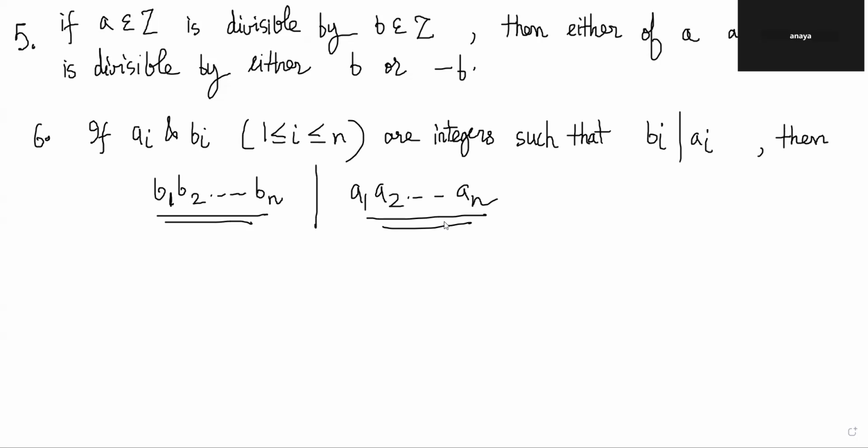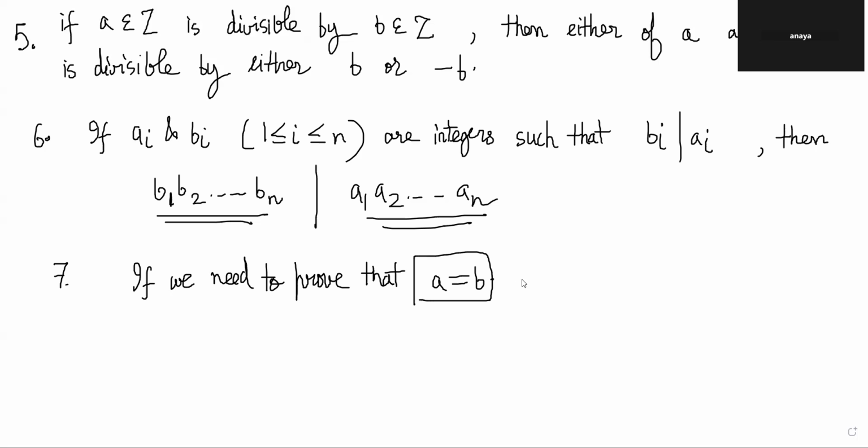Now, one thing to remember in divisibility problems, if we need to prove in number theory that A is equal to B, two numbers are equal. One way to prove it is that A divides B and B divides A. If you can show that they divide each other, then they have to be equal to each other, right?